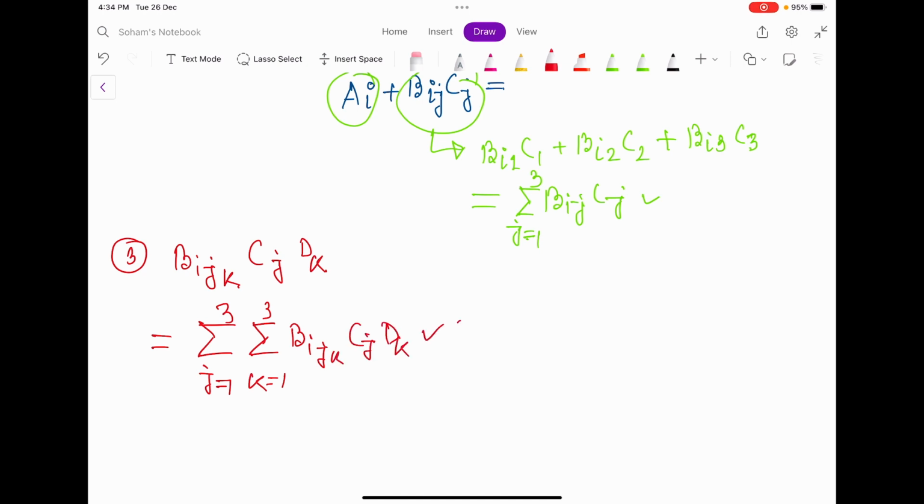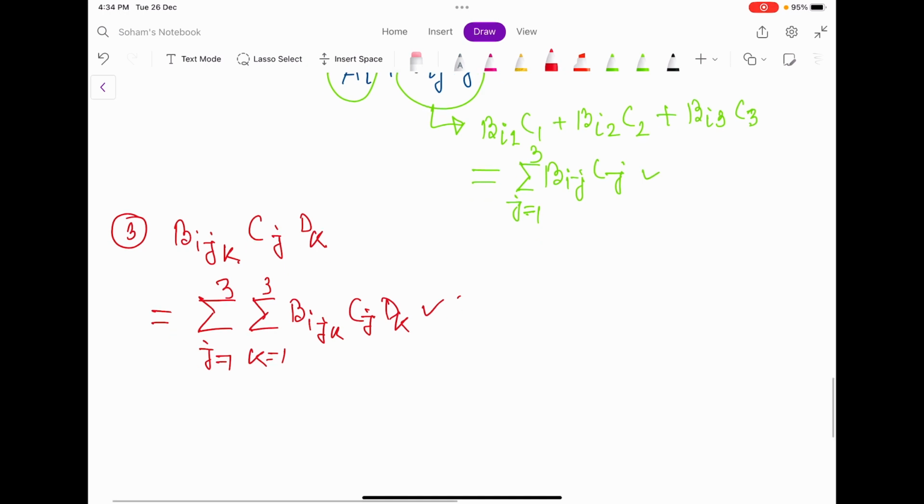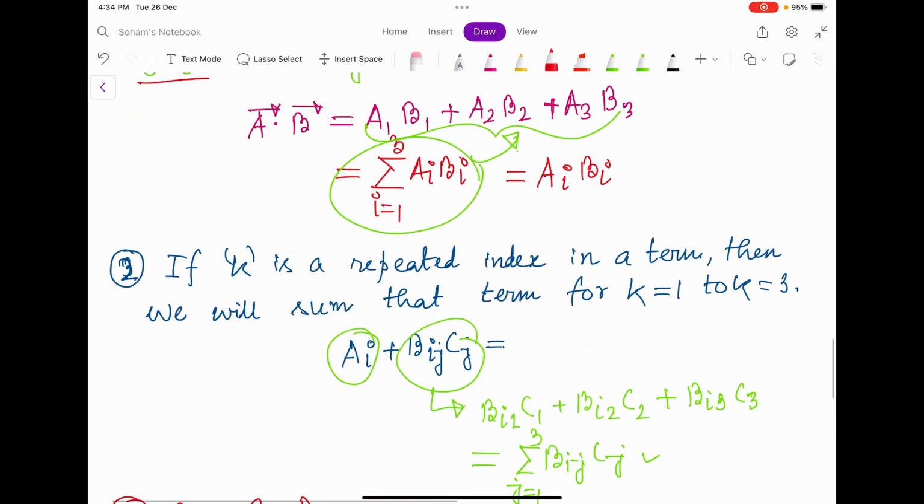So the number of separate repeated indices will denote the number of separate summations. Another thing that is also very obvious is that whenever I am applying this repeated index, this is equivalent to akbk or ajbj, because essentially all this boils down to the summation over i or over k or over j.